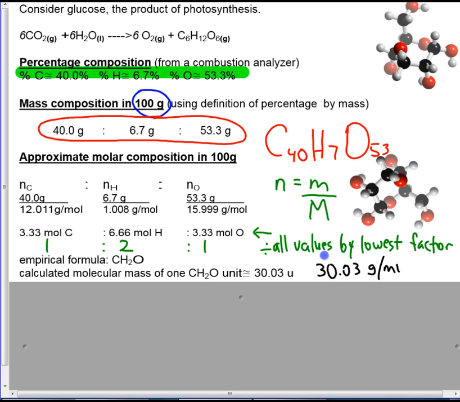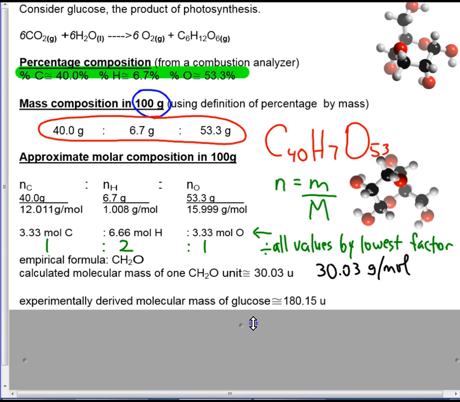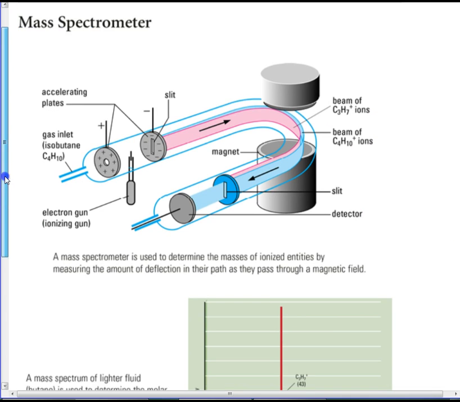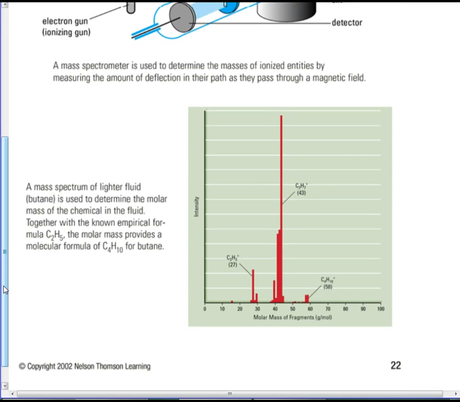Now, even though glucose is not CH2O, its empirical formula is going to be a fraction of the actual molecular formula. And that fraction will tell us how to adjust the number of atoms in the molecule. So we'll find that from the mass spectrum, the heaviest ion will give us the mass of 1 mole.